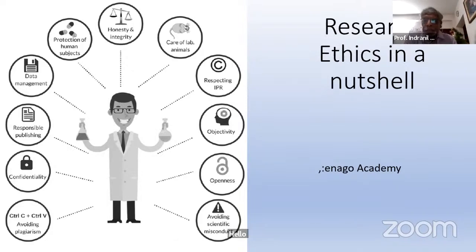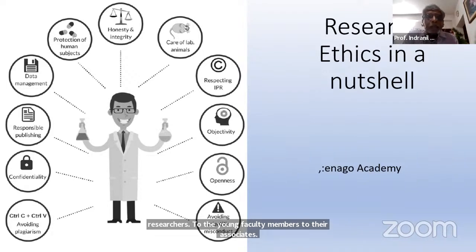Very, very important. This is not only important for students, but I think probably the onus is much more on senior people, faculty members, professors. They will have to show the right path to the young researchers, to the young faculty members, to their associates, so that overall there is an improvement in the ecosystem.